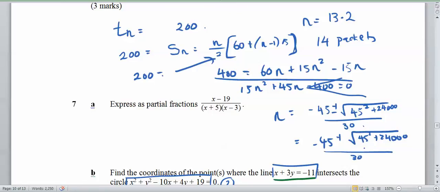Let's do that in my calculator. Okay, so I've got n is equal to 3.87.